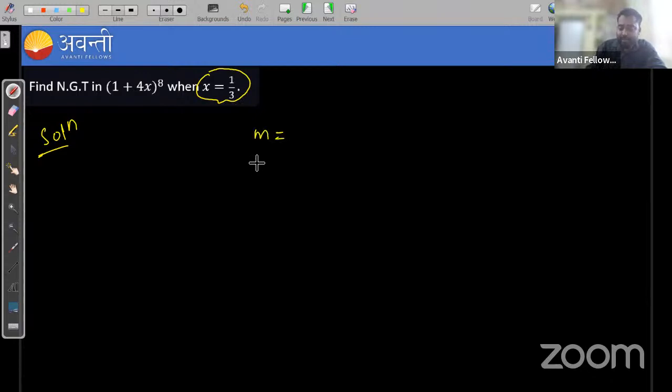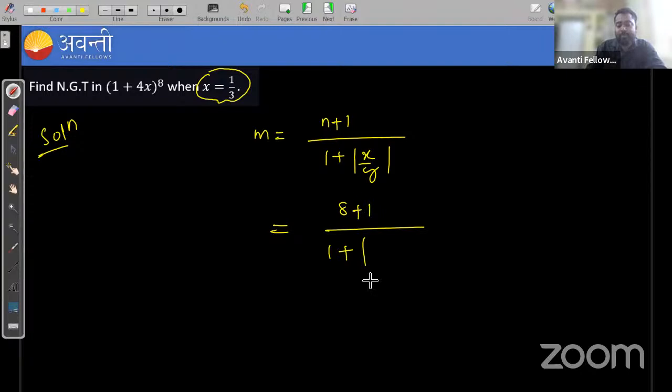So what is m here? m is (n+1) divided by (1 plus mod of x by y), right? So n is given as 8, plus 1, that is 9, upon 1 plus mod of x.